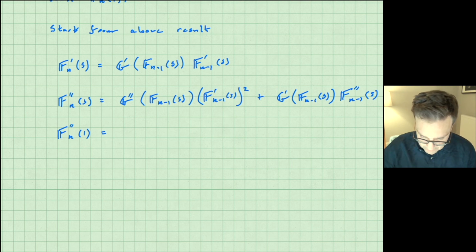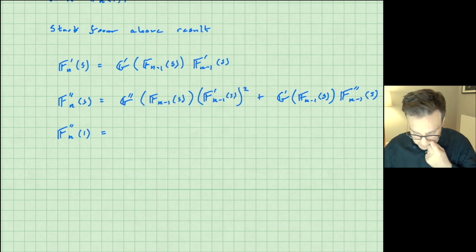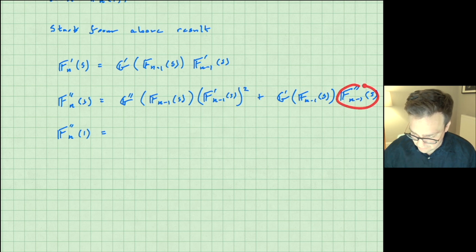Right, so let's look at all the things that are going to simplify. So when you evaluate this thing at 1, it's a PGF, so that's going to give you 1. When you evaluate this thing at 1, that's going to be the expected value, and so that's going to be mu sub n minus 1. This is going to be 1, and then this guy we don't have yet.